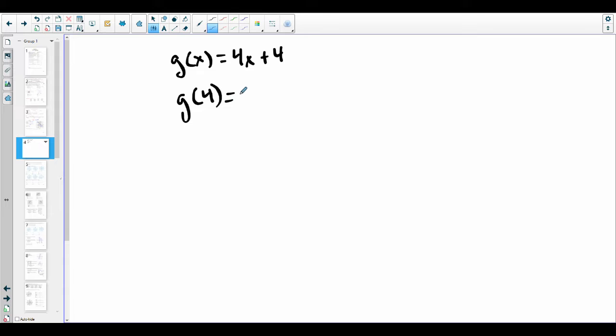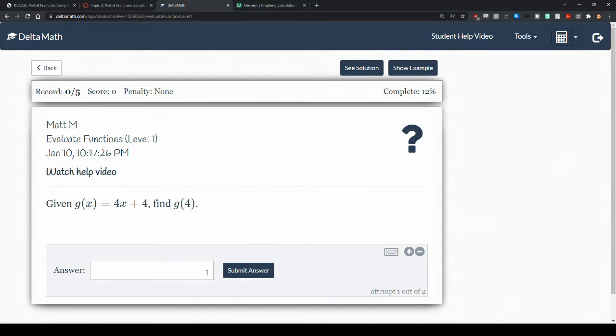So plug in 4. 4 times 4 plus 4. That's it. That's all you got to do. Back to Delta Math. g of 4 equals 20.